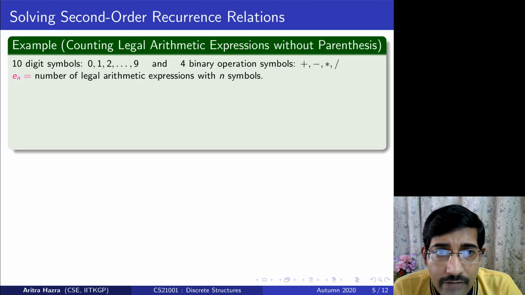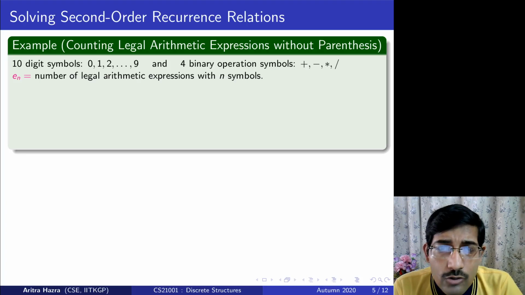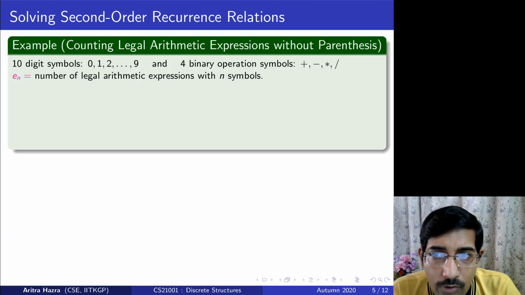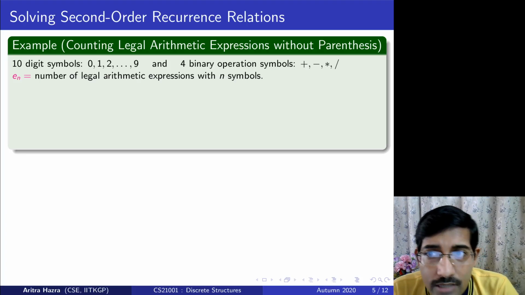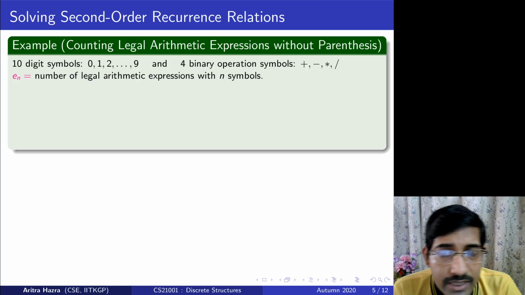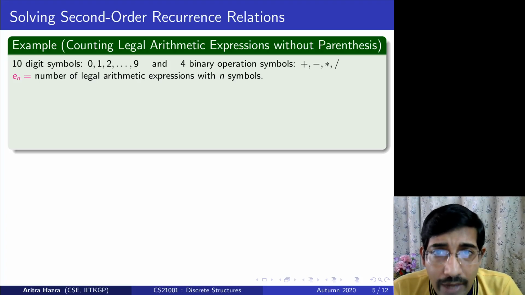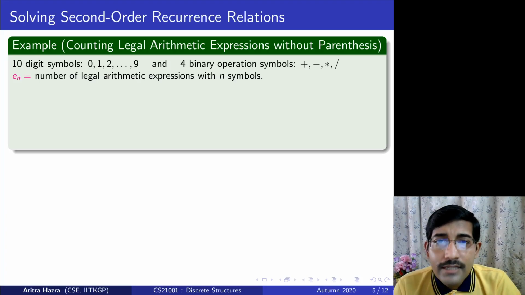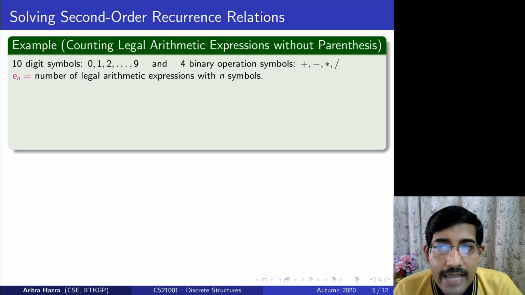So I am given length n expressions, like 1 plus 3 minus 4 into 9 by 2, where I will evaluate from left to right and also using the division first, then multiplication, then addition, then subtraction rule. But I have to find out how many such legal arithmetic expressions with n symbols are possible.